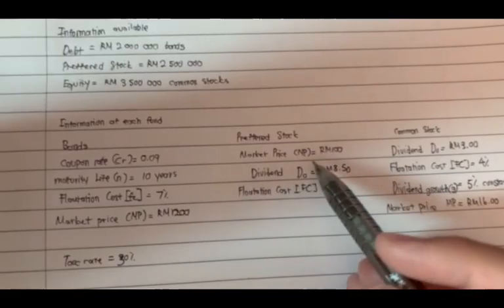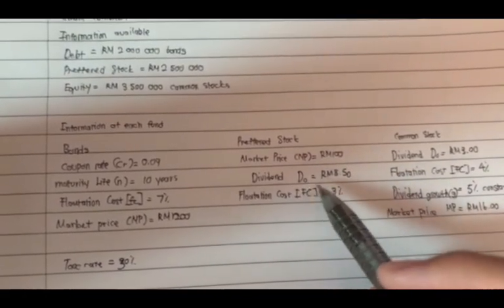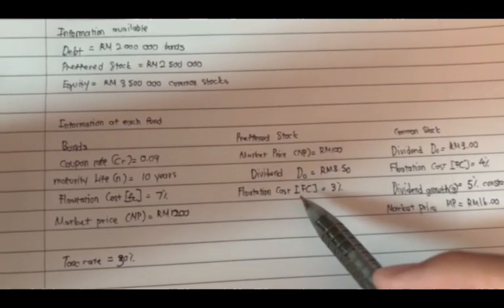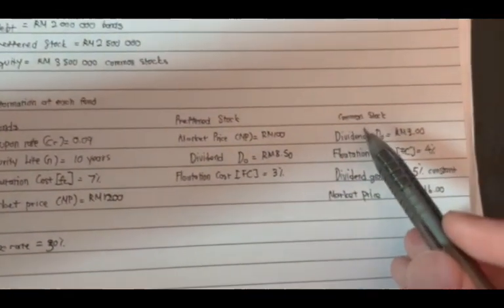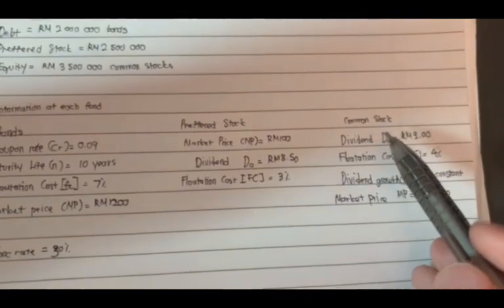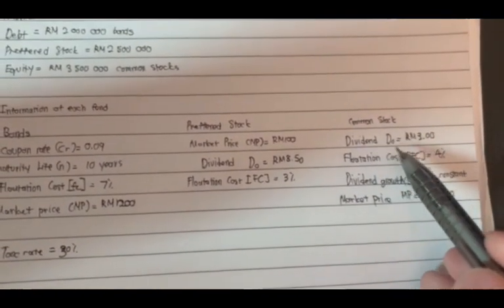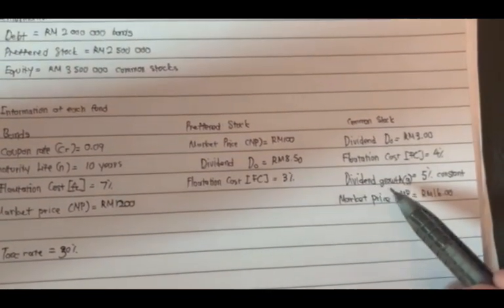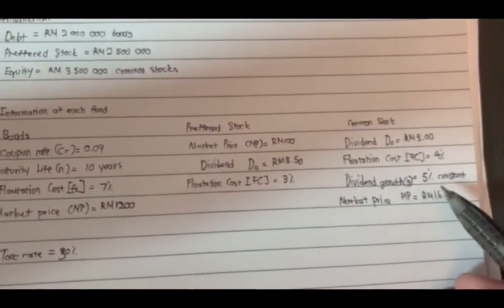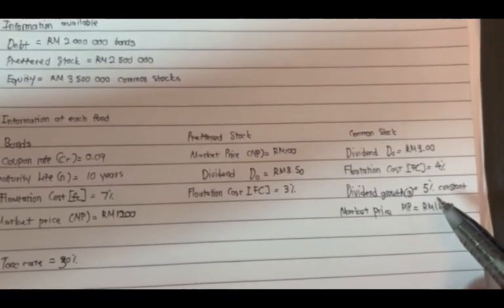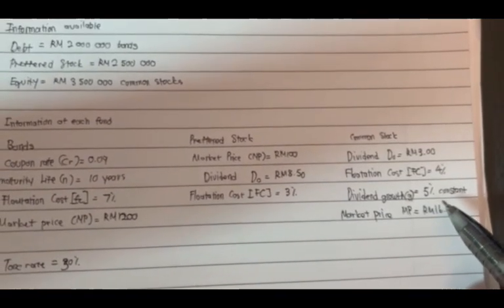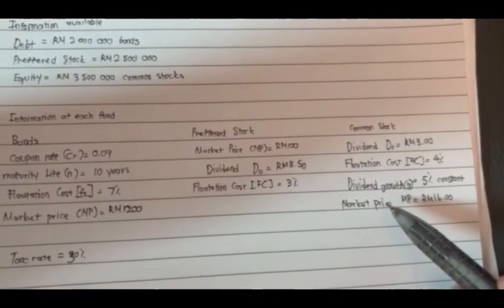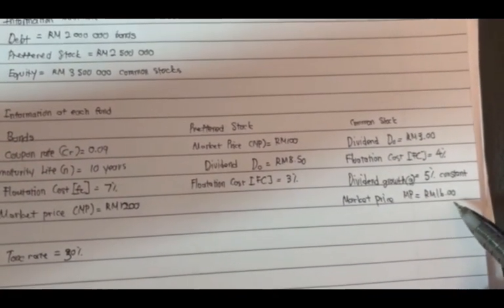The stock price is 100, dividend D0 is 8 ringgit 50 cents, flotation cost is 3%. The third fund, the common stock, has a dividend of 3 ringgit, flotation cost of 4%, and a constant dividend growth G of 5%. The last thing is the market price of the stock, which is 16 ringgit.